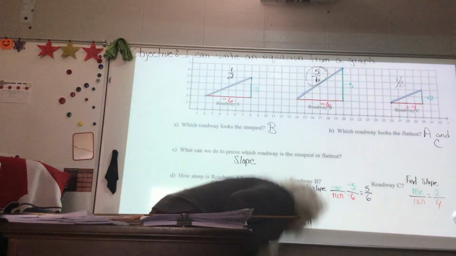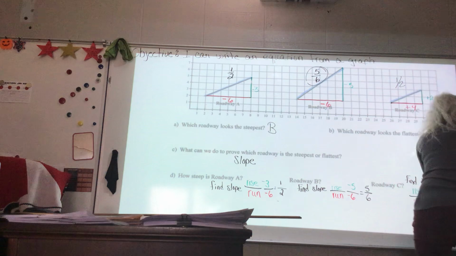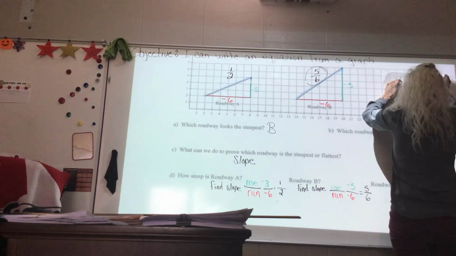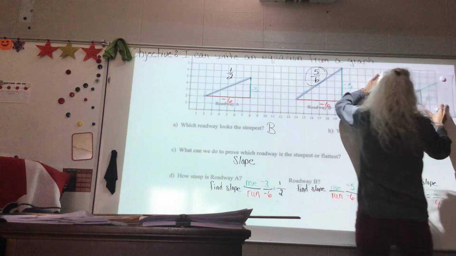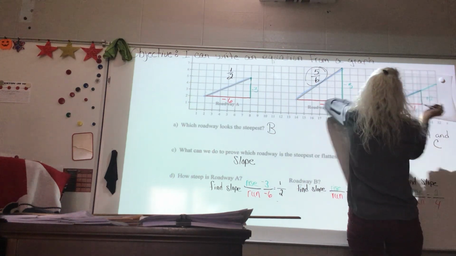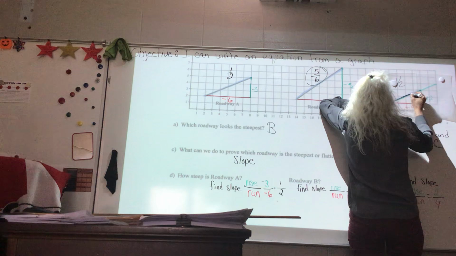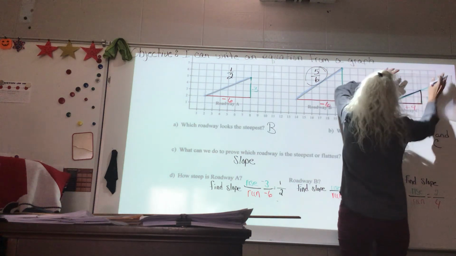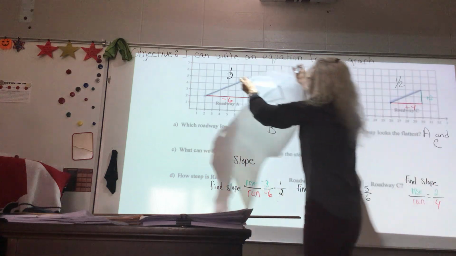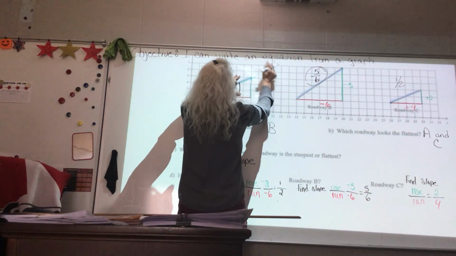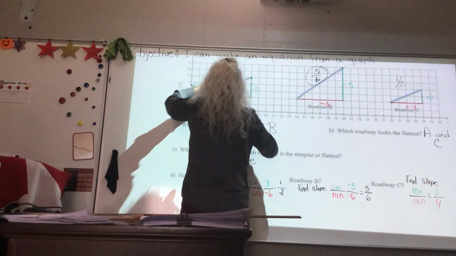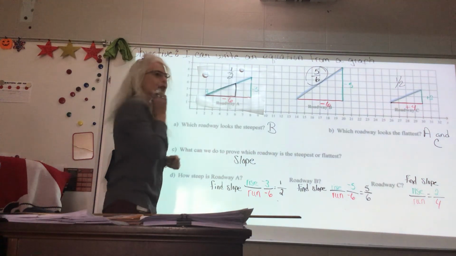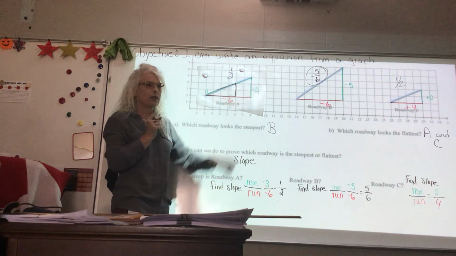And notice, here is road C. Isn't it just roadway A, but A is a little bit longer?